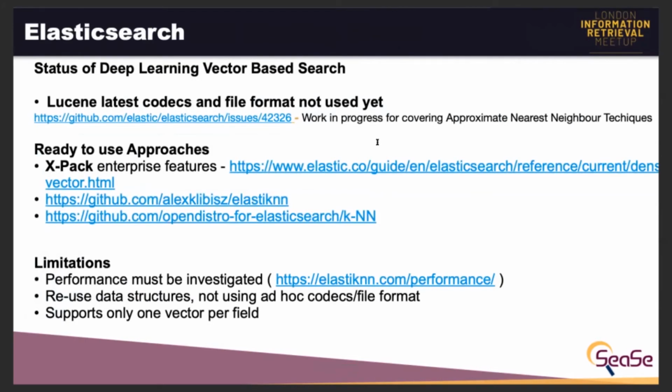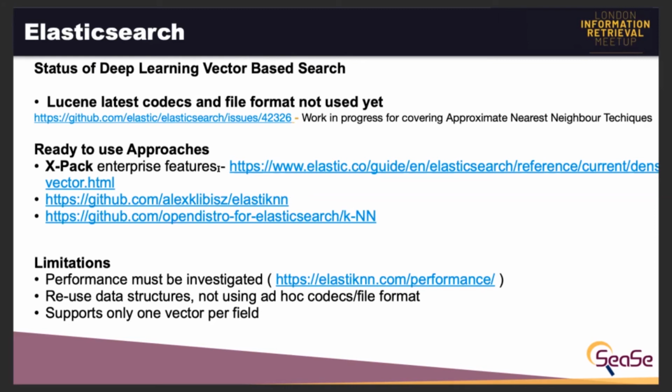Now let's see how you can do that in Elasticsearch. So first of all, again, the Lucene latest codecs, effectively they are quite recent because they are from November. They are not used yet by Elasticsearch as well. Still, there is some work in progress for covering approximate nearest neighbor techniques, and this is tracked under this Jira issue.